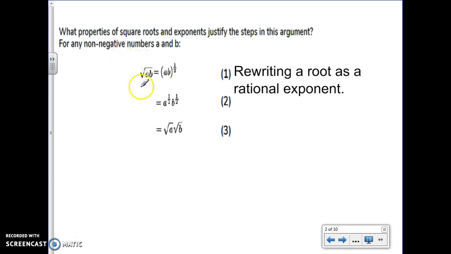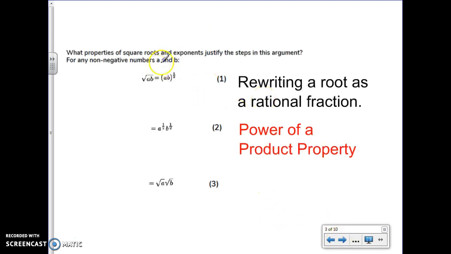So one of the things that we know is that the square root of AB is the same thing as me taking the product AB to the 1/2, because we can rewrite every root as a rational exponent. Now, what we can also do is take that 1/2 to both A and B based off the power of a product property.